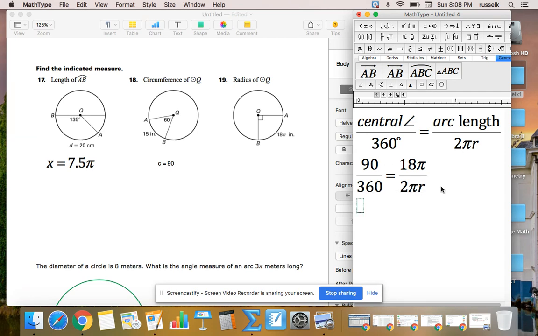Again, I try to simplify these fractions if I can. That first fraction, 90 over 360, is 1/4. 18 and 2 can simplify down to leave me with 9 on top of the second fraction. The pi's will cancel out, pi divided by pi, and that leaves me with r on the bottom. Cross multiplying then, I get r is equal to 36.